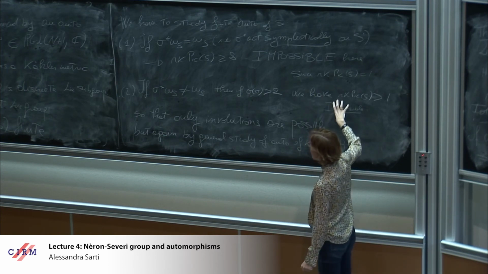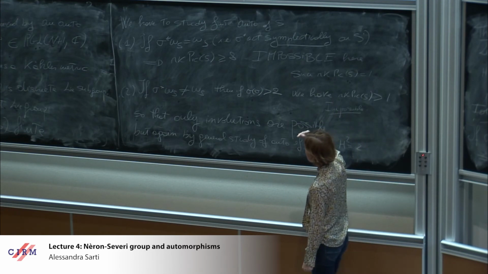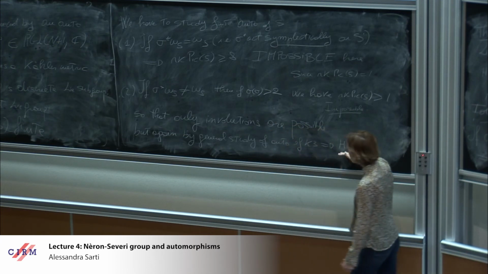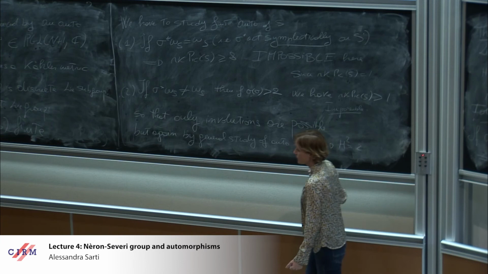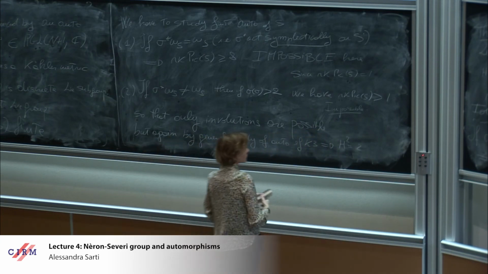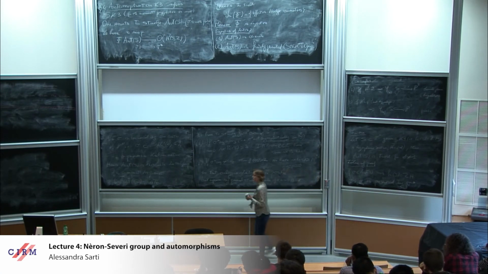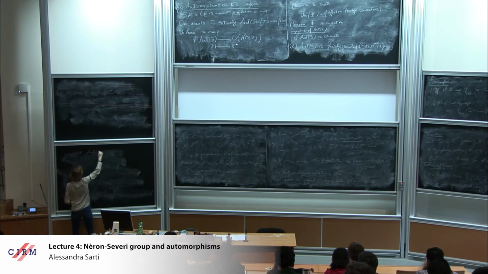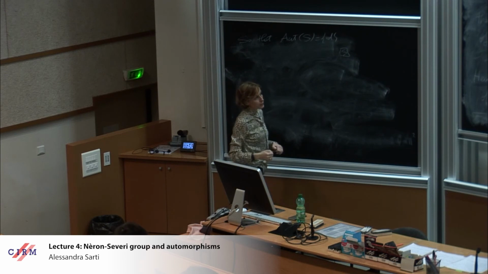So the rank of the Néron-Severi group, the Picard group, must be big enough to have automorphisms of finite order, except for involutions. But when you have an involution and Picard number 1, then you must be in that case and not have something more. So that Aut S is equal to the identity in all those cases.